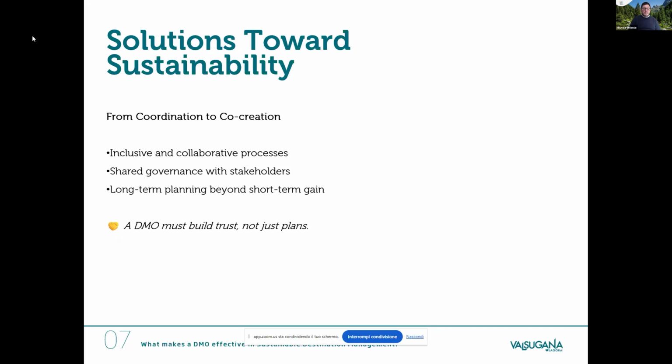And I think that this destination manager must govern together with stakeholders. In fact, a successful destination engages institutions, businesses, and communities in a common vision. So the claim is a DMO must build trust, not just plans.